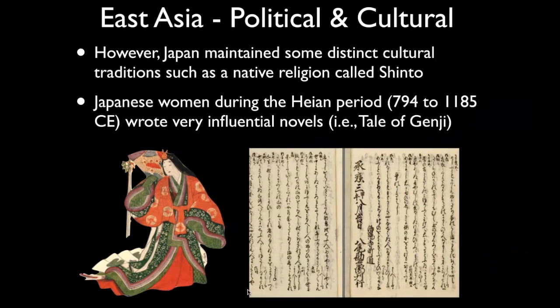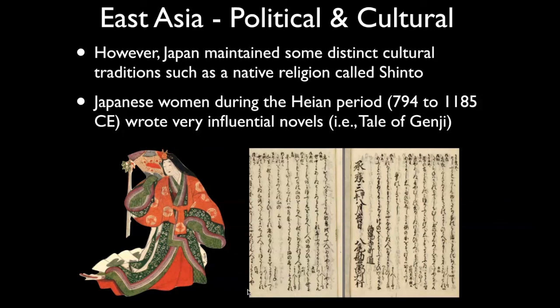Another difference that you could identify: the Japanese women during this period of Japanese history from 794 to 1185, called the Heian period, were very influential in terms of their writing, especially among the upper class women of the Japanese imperial court. They got into writing what is essentially these sort of gossip or romance novels, the most famous of which is The Tale of Genji.